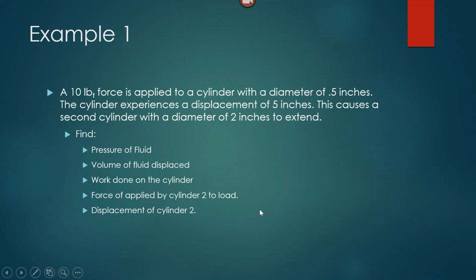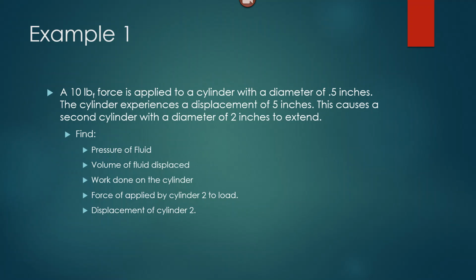Alright, so here's an example. We have a cylinder, and it's got a 10-pound force applied to it with a diameter of 0.5 inches. The cylinder experiences a displacement of 0.5 inches. This causes a second cylinder to extend that has a diameter of 2 inches.